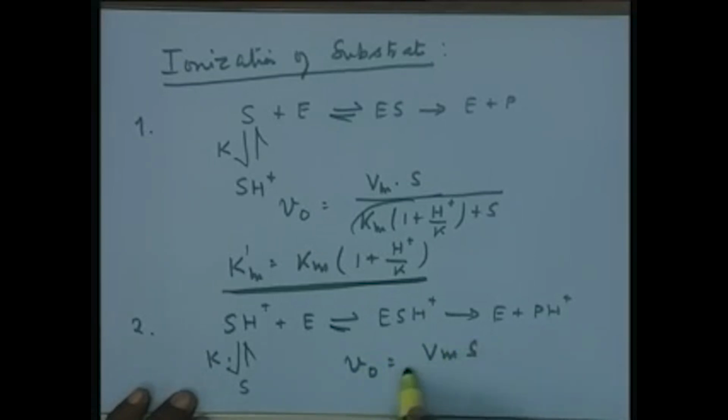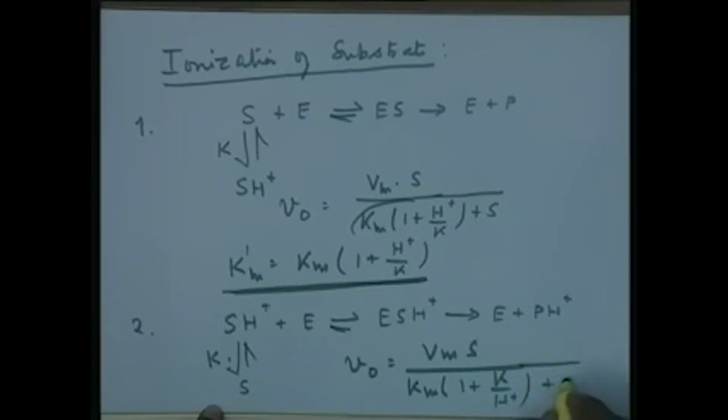Again there will be a difference in the Km value, you will again get an apparent Km, but the magnitude of the apparent Km will be slightly different and will be given by Km times (1 + K/H) plus S. So, essentially you will notice that if you analyze the two apparent Km terms, this one and Km (1 + K/H), only at extreme values of hydrogen ion concentration will there be a difference in the behavior of the enzyme, otherwise they will remain almost a similar kind of behavior.